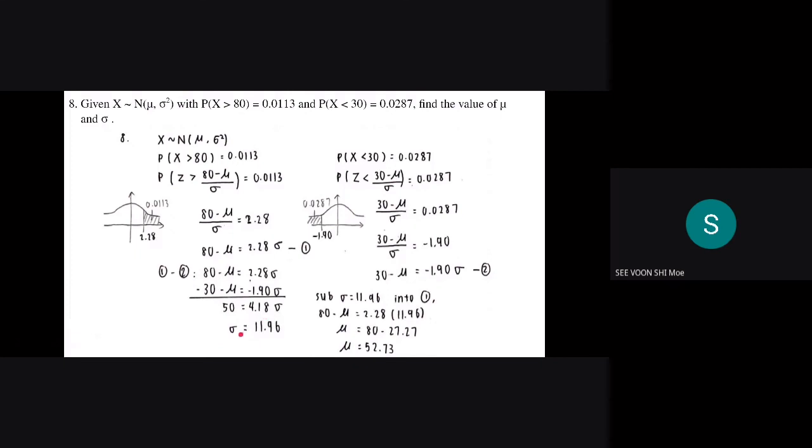So we can find that standard deviation is equal to 11.96. So next, if we sub this value into equation 1, we can get the mean is equal to 52.73. So this is the end of our presentation. Thank you.